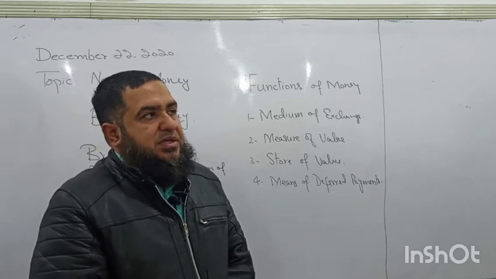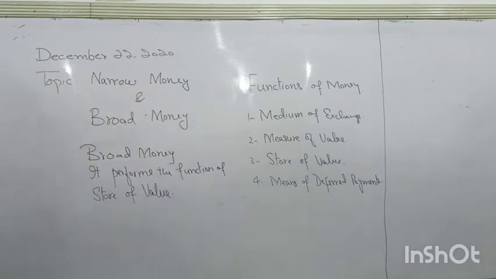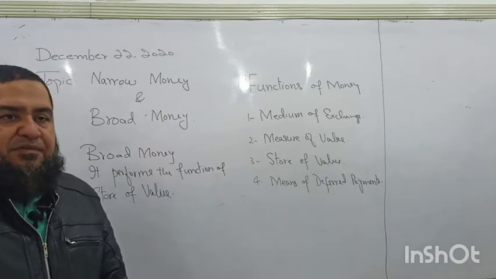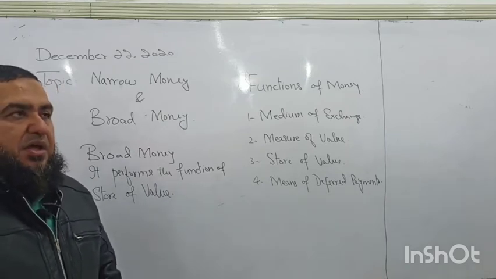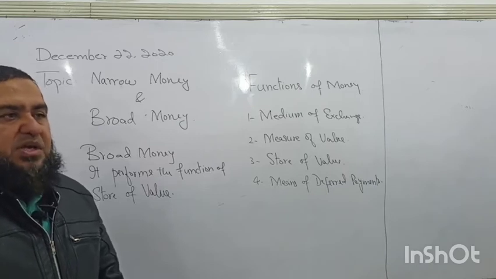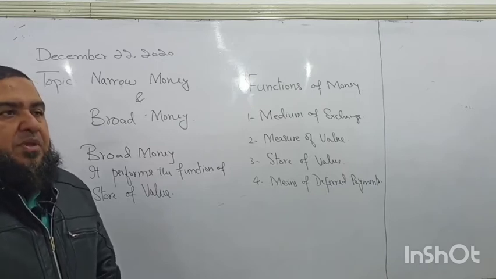So broad money is that in which the value of money is stored and in future its value will be increasing. If it is bearing interest or any type of reward on that stored value of money in the form of property, we can say more profit could be earned.